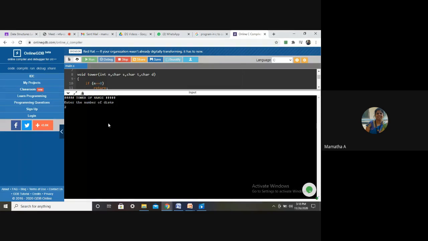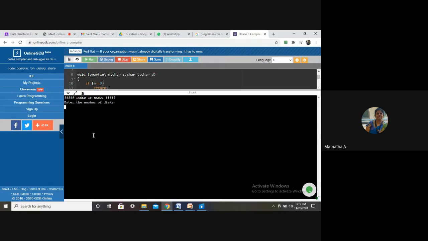First movement: move disk 1 from A to B. Next, disk 2 from A to C. Next, disk 1 from B to C. So this one from A to B, this two from A to C, this one again back from B to C. Yes, 3 moves.